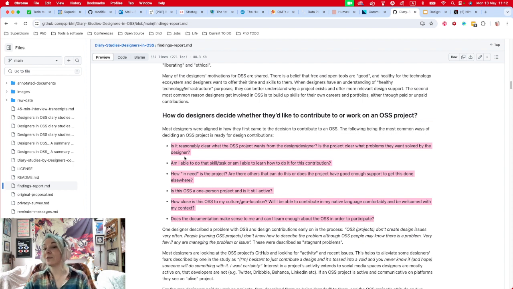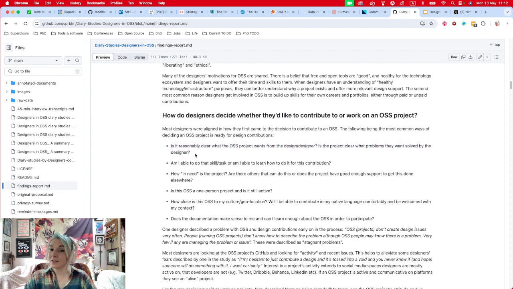Anyway, these are the questions that our designers are asking themselves as they think about contributing to a particular project. They are interested in whether it's clear what the open source software project wants from a designer. Do they have specific problems that they want solved by the designer? And if I remember correctly, the more easily accessible that information, the better.